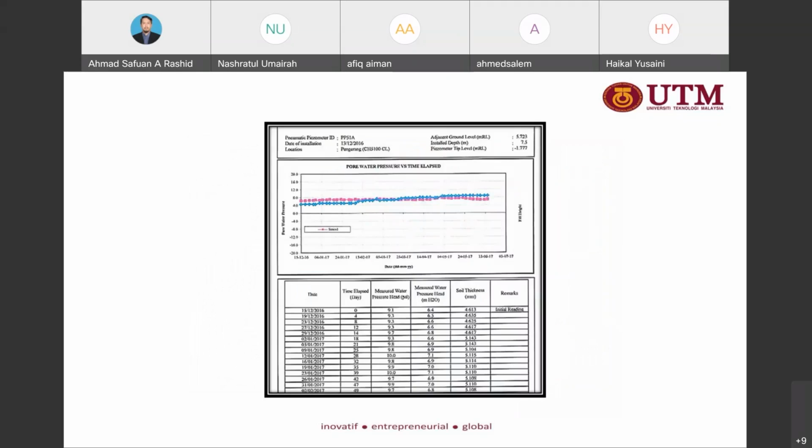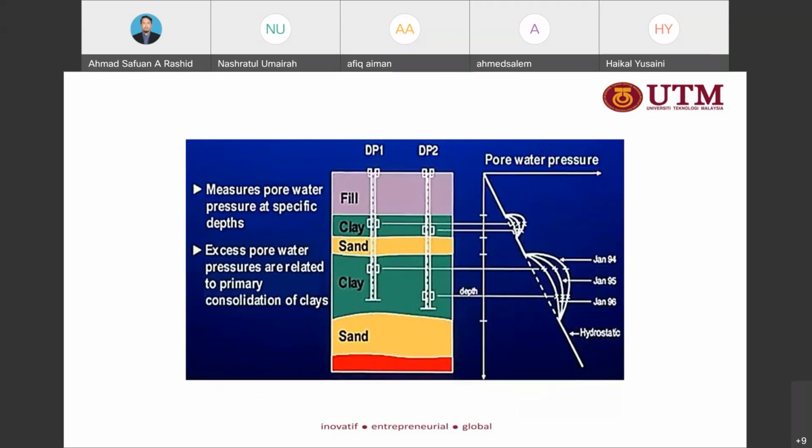So this is the diagram to show the reading for the pore water pressure versus time. This is the difference that I mentioned here.